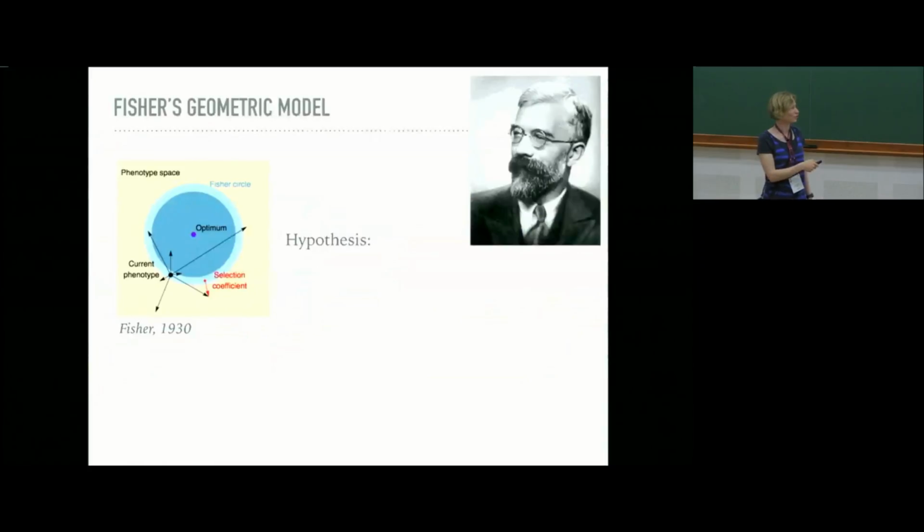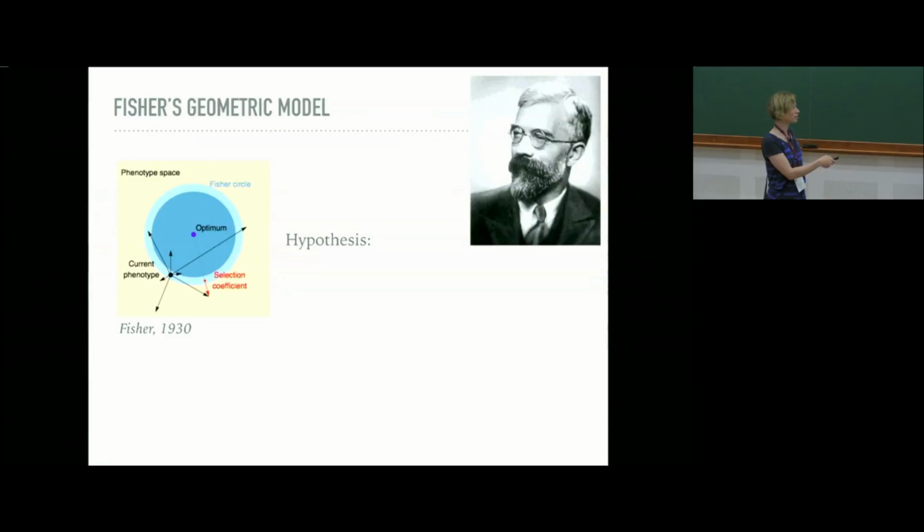Okay, so you remember the slide here. When we look back at the distribution of fitness effects, we again have a hypothesis that we can derive from Fisher's geometric model. Yesterday, by having different environments, we basically moved the optimum, because we introduced the population to a different environment.